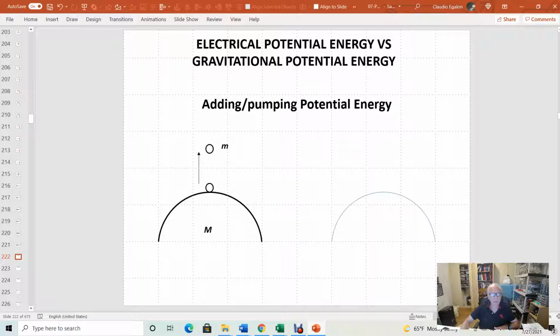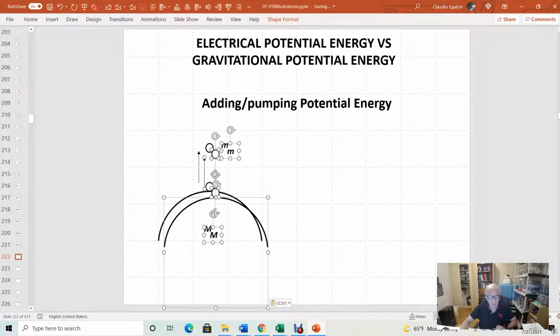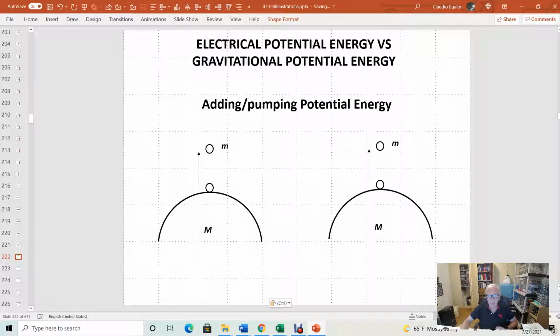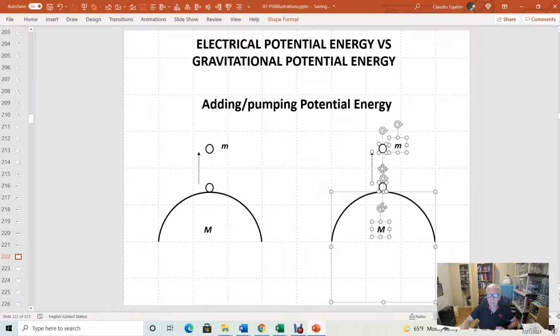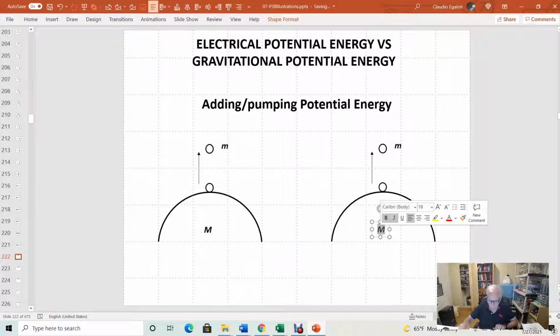But now on the right side, we have something different. Instead of masses, what are you going to have? You're going to have electric charges. I'm going to erase this guy because I don't need it anymore, so you can have a nicer figure right here. So instead of having a big mass here, we're going to have a big charge.